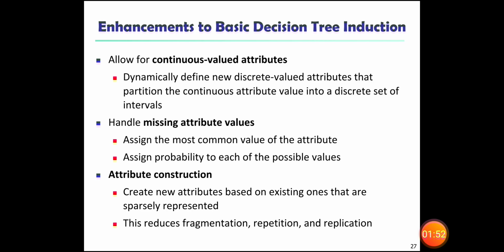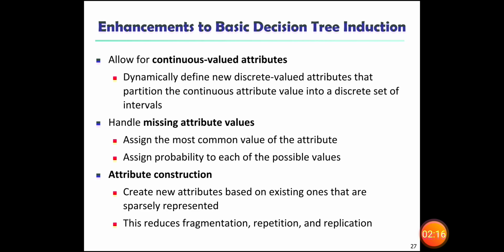Suppose we have training set data, there we have a number of values. For each and every value there will be one common value, and in the same way it will assign a probability to each of the possible values.